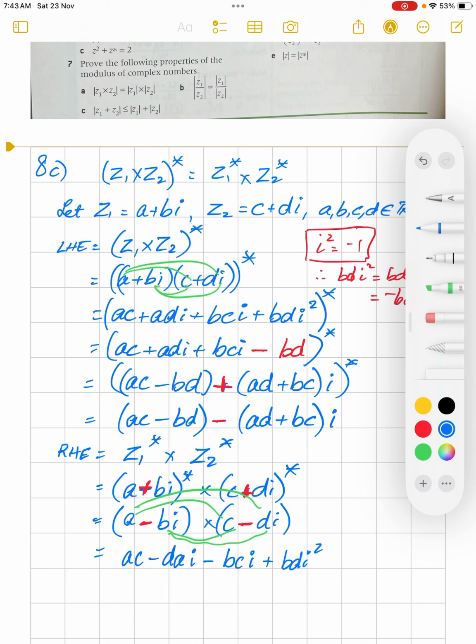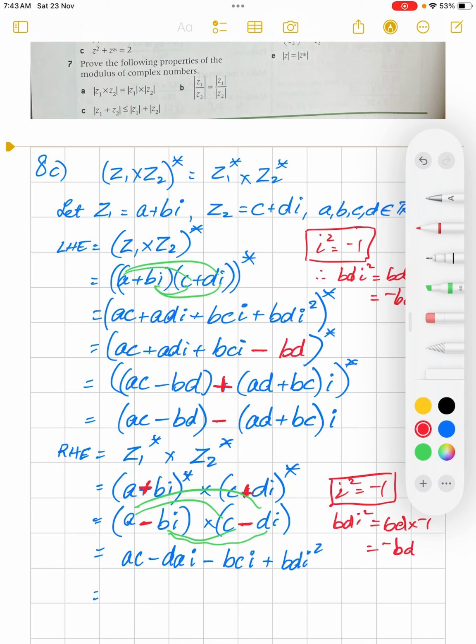All right, so I'll take this I squared again, and I squared, as we mentioned before, is -1. So BD I squared, we'll replace that with BD times -1. So it's a negative BD.